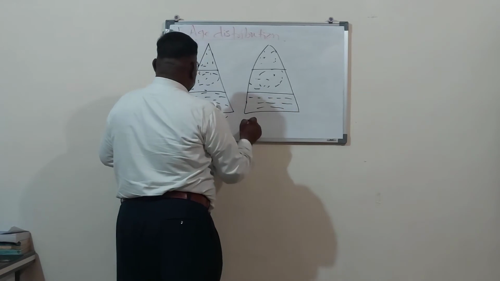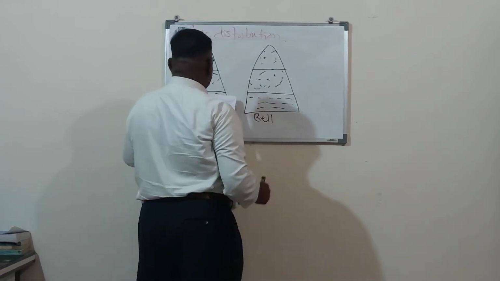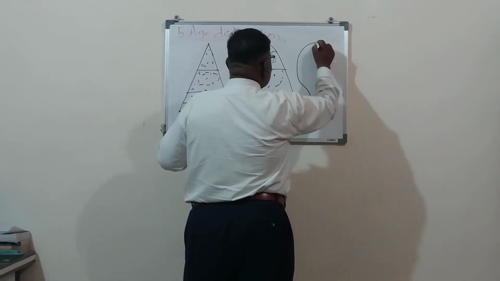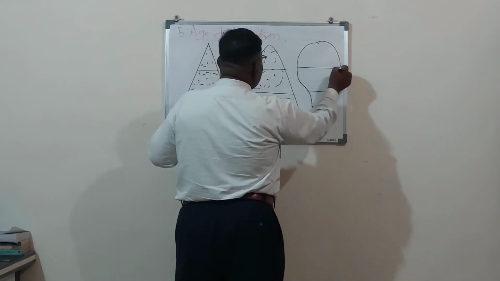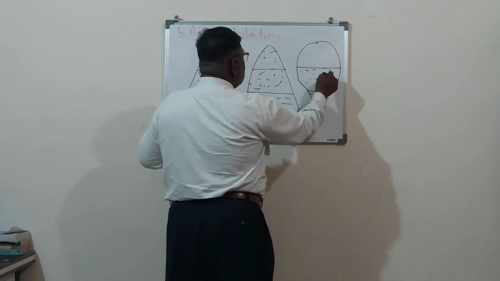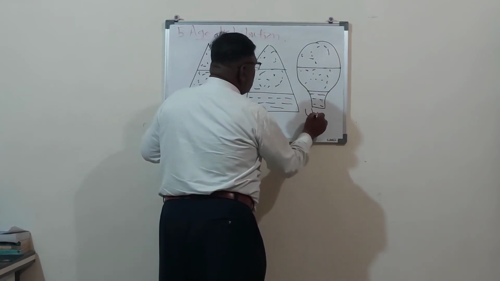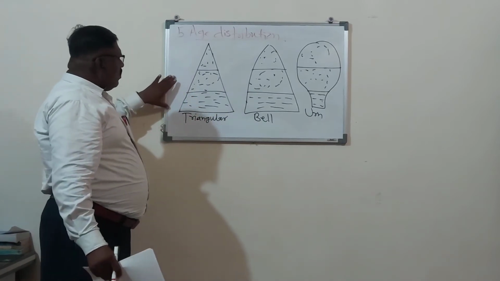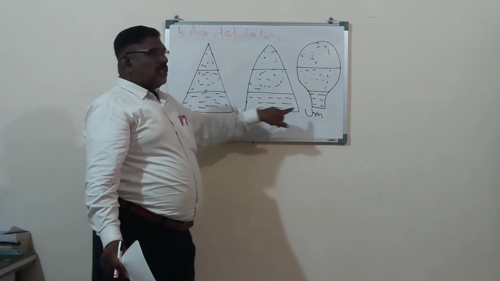This is the bell shape, and the third one is like this, a different type, the urn shape. So these are the three populations. This shows the triangular shape, this is the bell shape, and this is the urn shape.